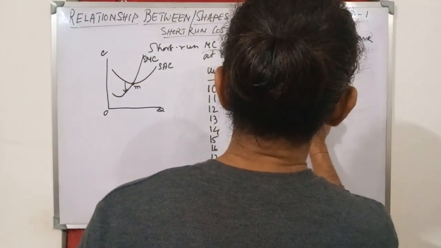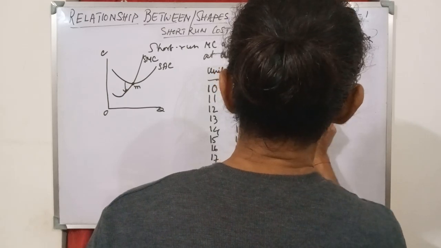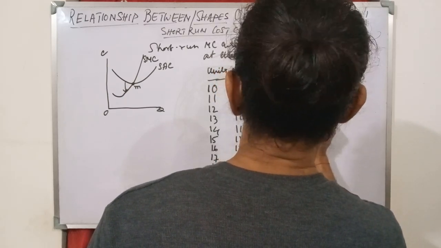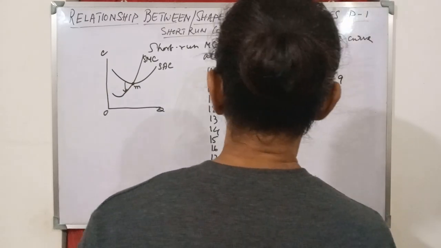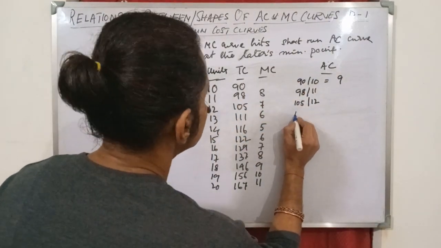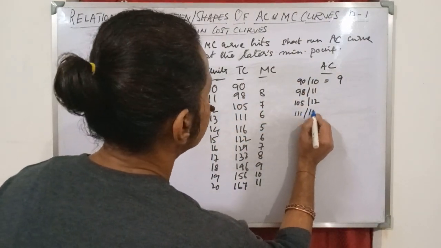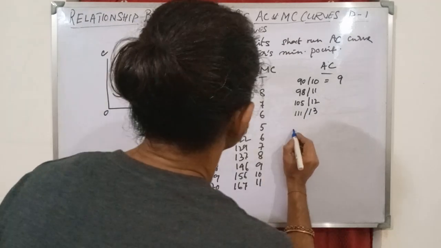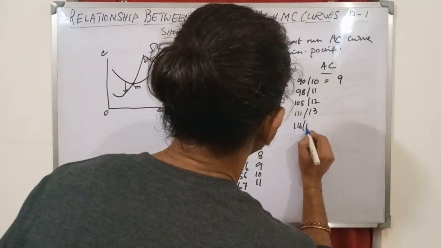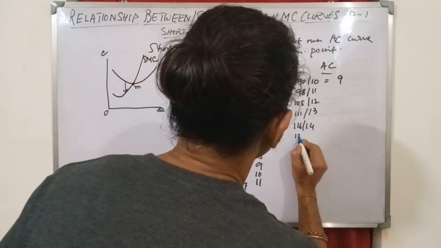This is 98 divided by 11. This is 105 divided by 12. This is 111 divided by 13. This is 116 divided by 14. This is 122 divided by 15. This is 129 divided by 16.